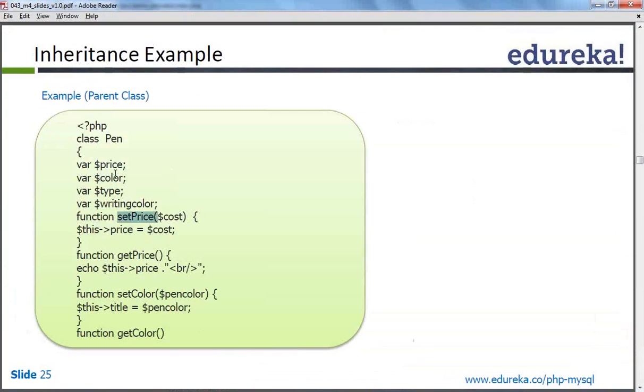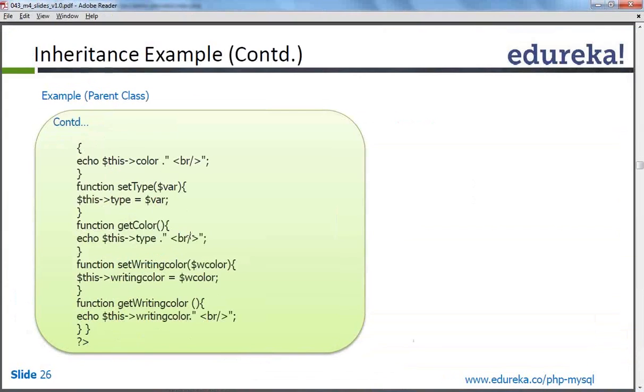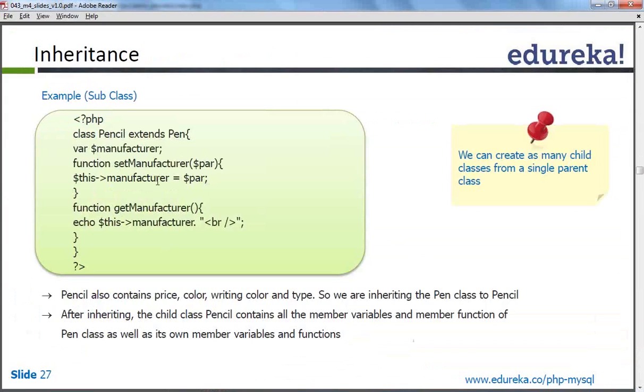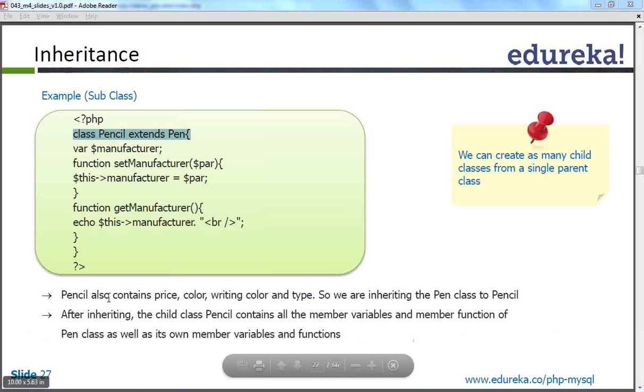Pen is having its own variables, its own methods, and pencil class is having its own methods and variables, but pencil can access the methods and variables of the parent class. Here pencil also contains price, color, writing color and type. So we are inheriting the pen class to pencil.